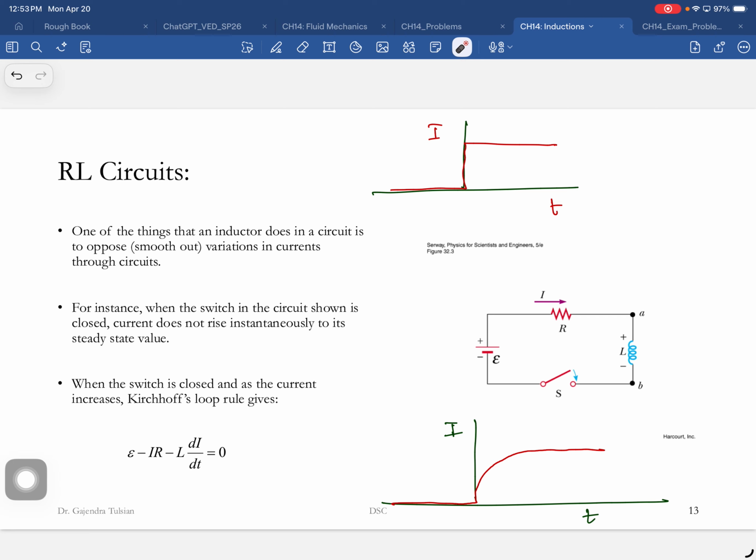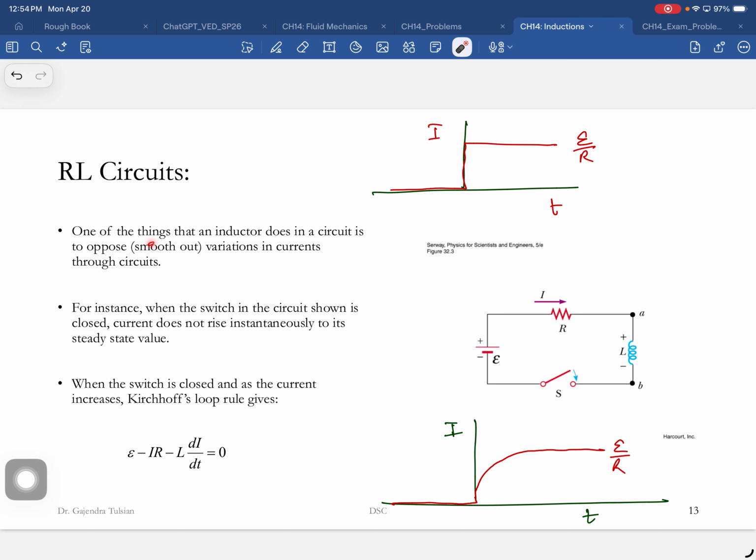So the presence of the inductor delays the increase to maximum value. The maximum value is still the same as before: E over R. It's just that the increase has been delayed. So that's what the inductor did.